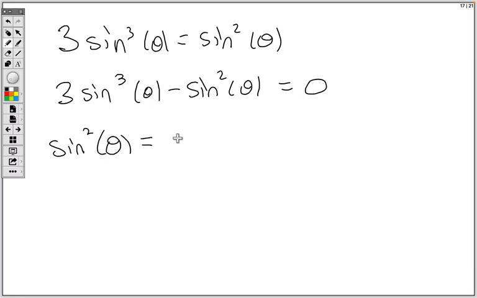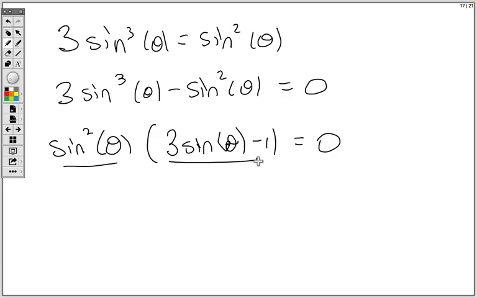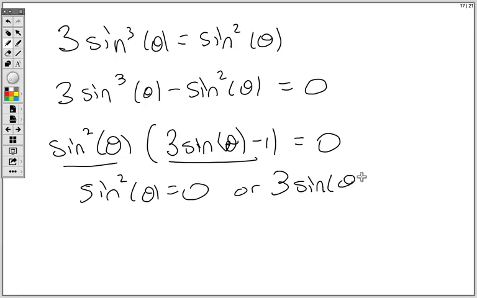Sine squared theta (3 sine theta minus 1) is 0. And now that I've factored things, I can set each factor equal to 0. So either sine squared theta is 0 or 3 sine theta minus 1 is 0.